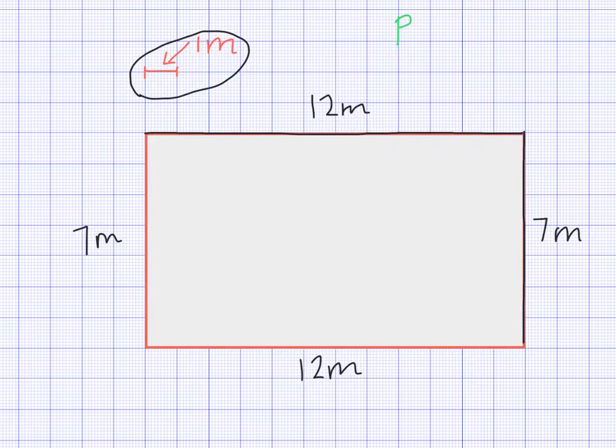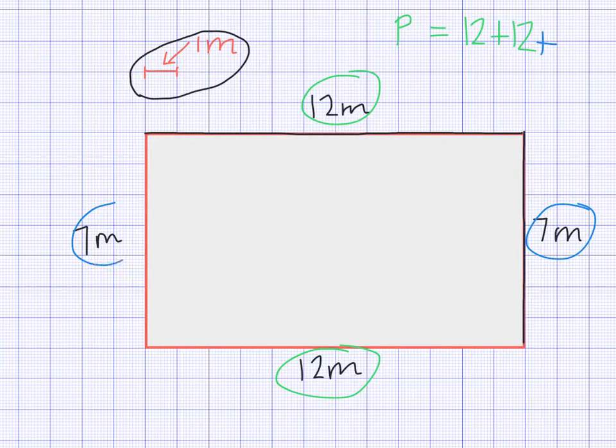The perimeter of this rectangle is going to be equal to 12 plus 12 because of this 12 and this 12. And we've got to take into account the other sides, adding on 7 plus 7. So 12 plus 12 plus 7 plus 7. Again, by using the colours, you can see that I've now accounted for all four sides in the perimeter of this rectangle.